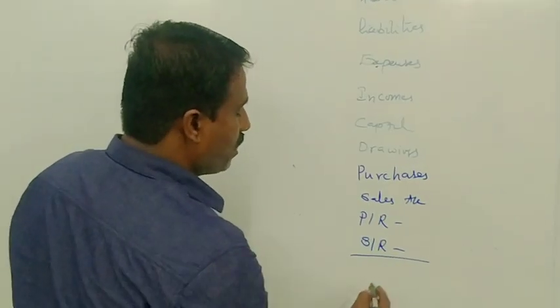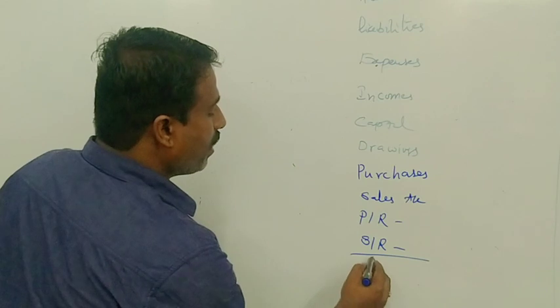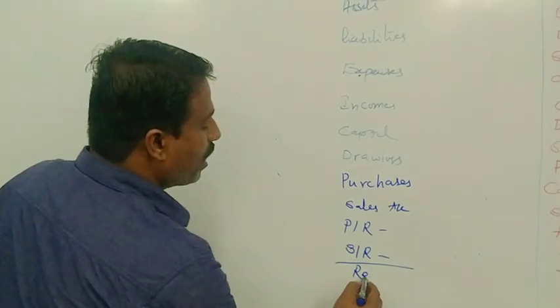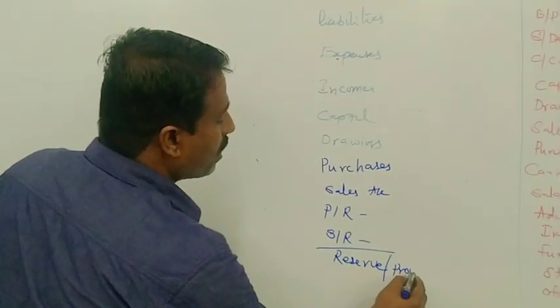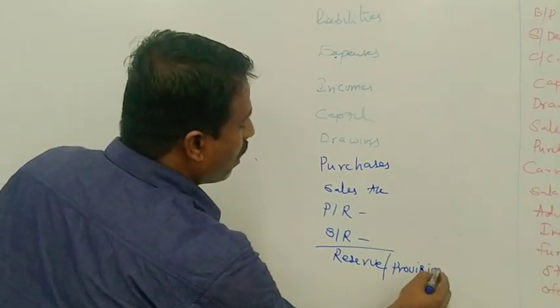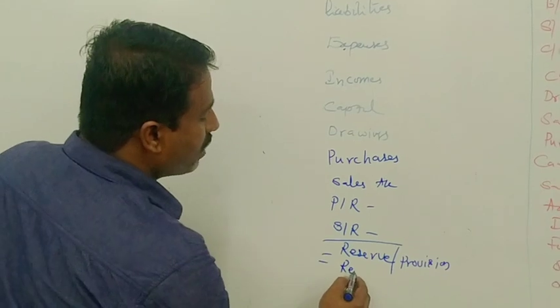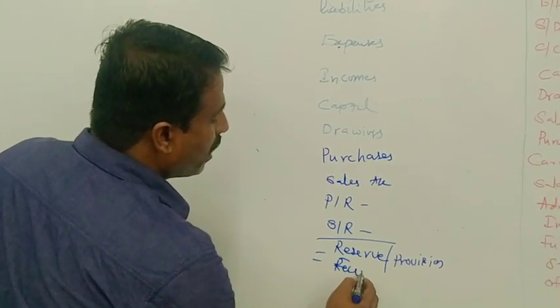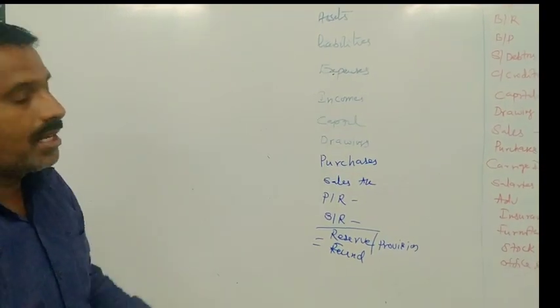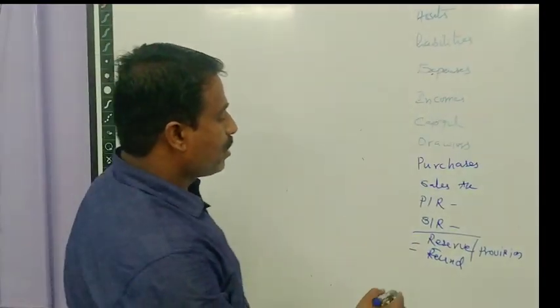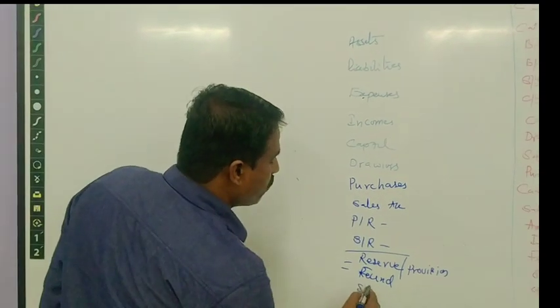Apart from that, I already told you, if any account you have has a name ending in reserve or provision, or the name ends in fund, these are also generally included. Also the stock you take: closing stock.